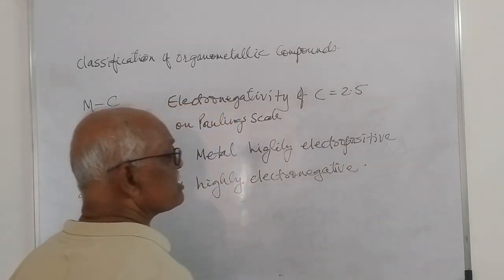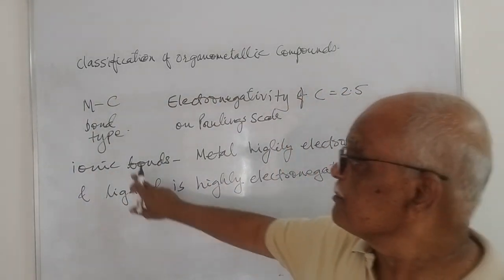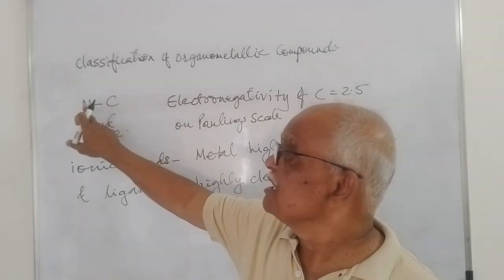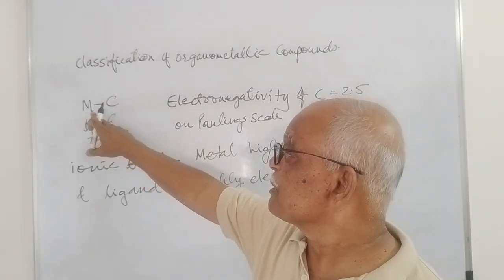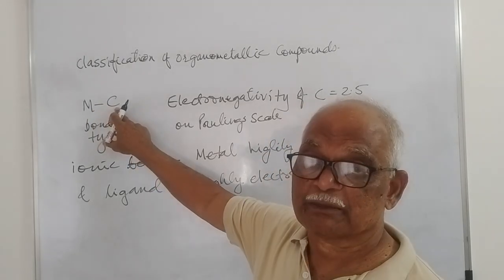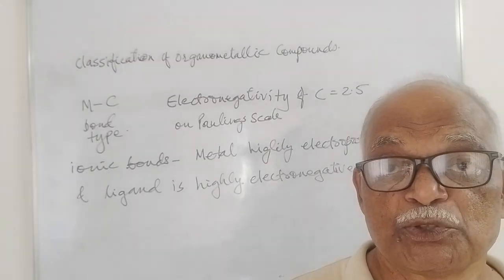This can be identified after calculating the electronegativities of the bonding atoms. Here it is metal and carbon, so we have to find the electronegativity of the metal and of carbon, and the difference will tell us whether the bond is electron deficient or covalent.